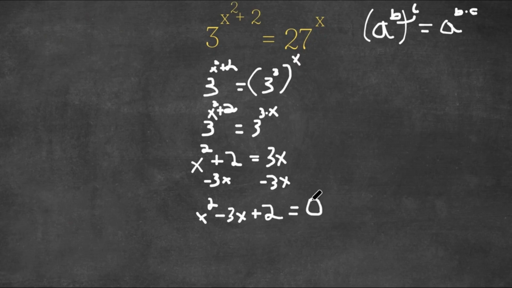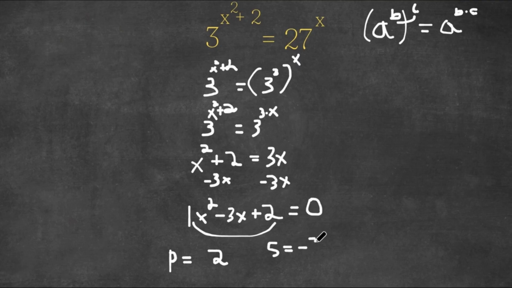So now we're going to factor this equation. We're going to multiply a and c, and we have b here. So a is 1, and 1 times c is 2. So our product, p, is 2, and our sum is -3.